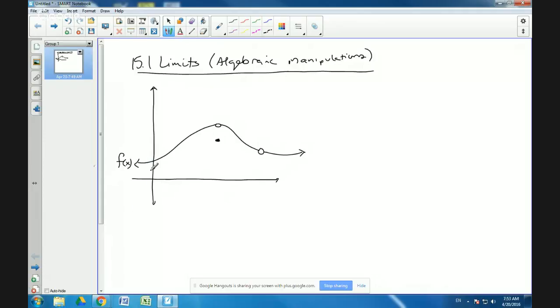And I'm just gonna give these just some general values and make this up as we go. What is the limit as x approaches 1 of f of x?